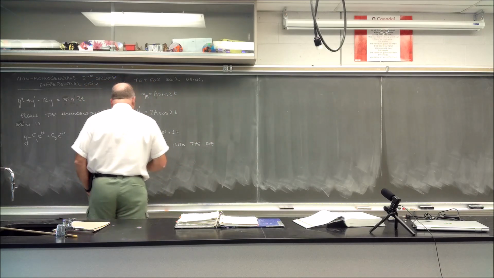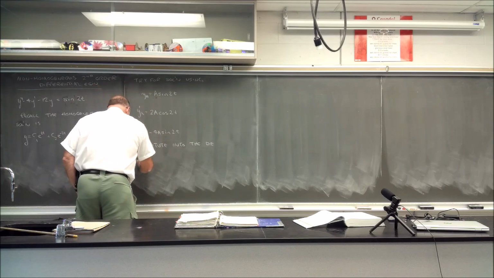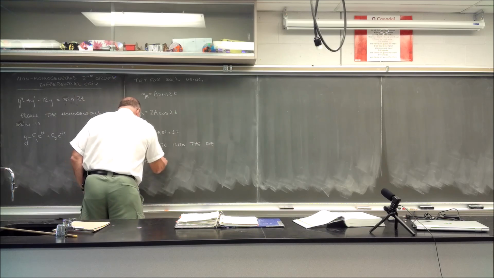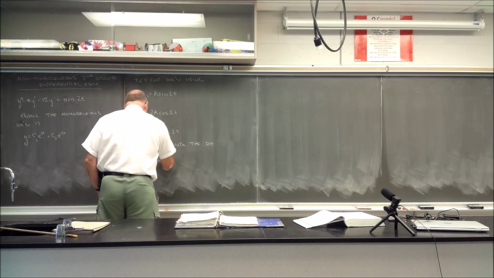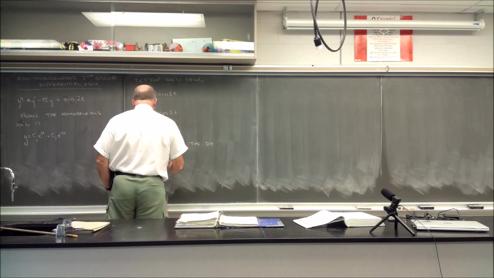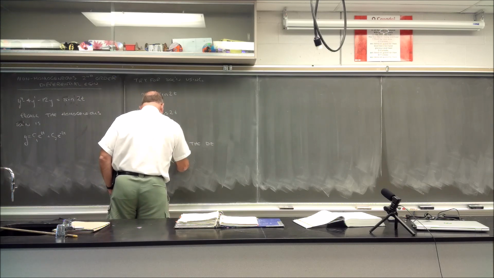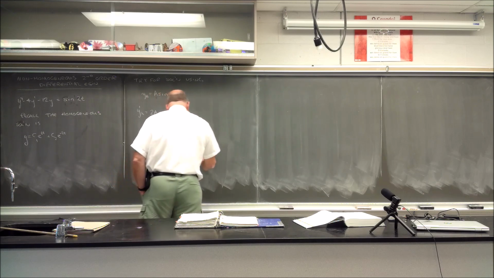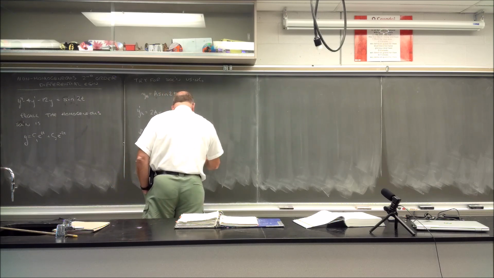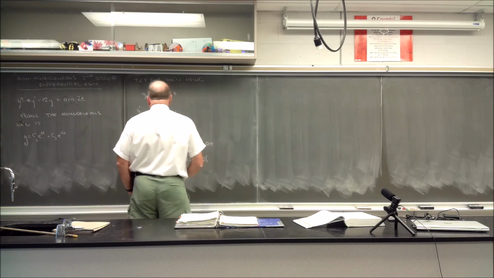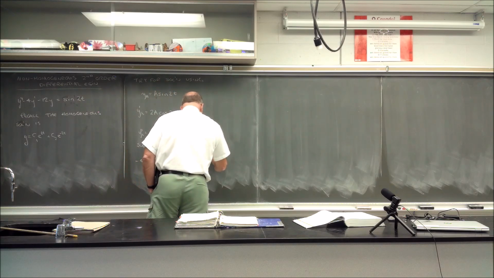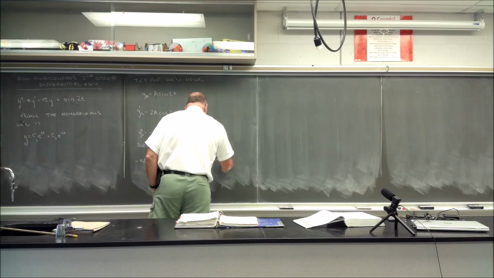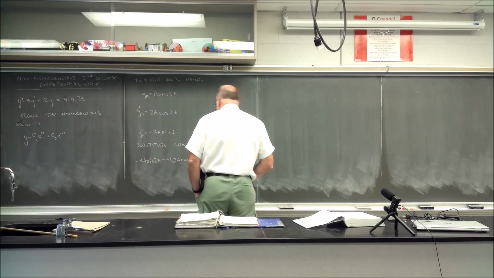Okay, so we have minus 4a sine 2t minus 4 times the quantity 2a cos 2t, and then minus 12 times the quantity a sine 2t. Okay, so let's evaluate this.